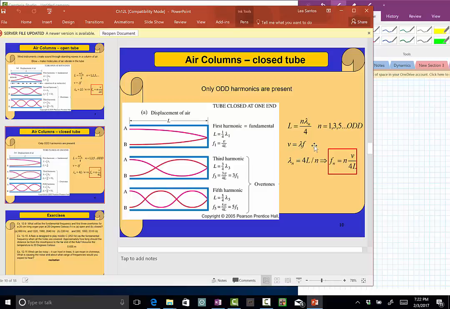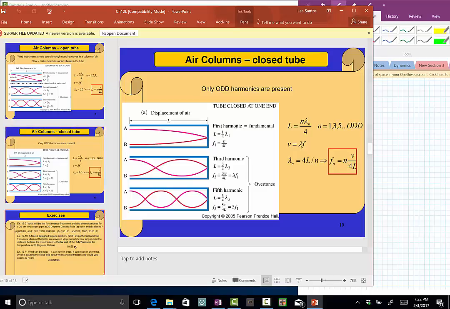Using the wave velocity, we can then find that the frequency is the velocity divided by the wavelength. The wavelength is 4L divided by N, so the N goes into the numerator. So this N here is just odd numbers, 1, 3, 5, 7, 9, and so on. So a very particular kind of instrument.